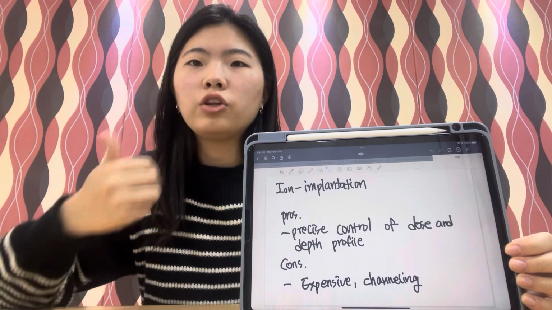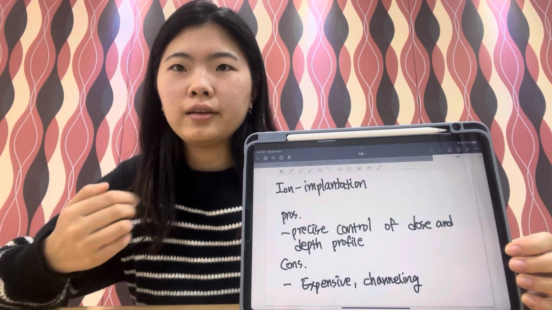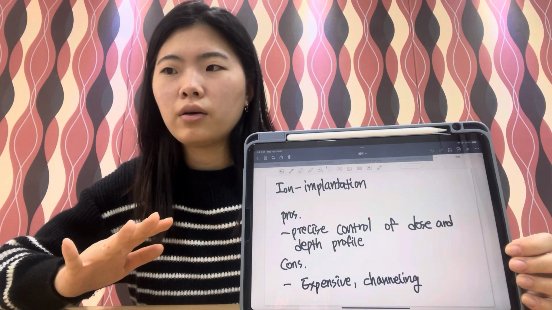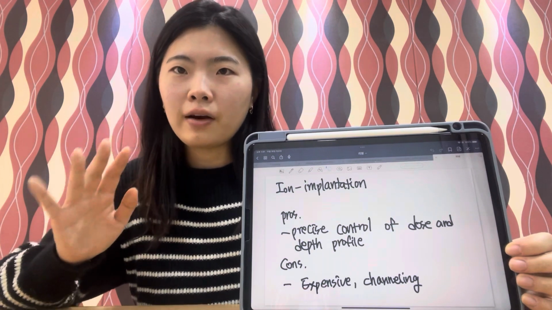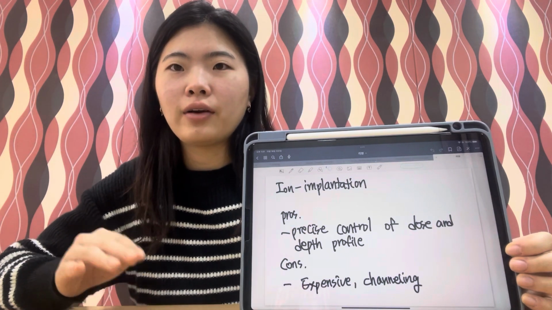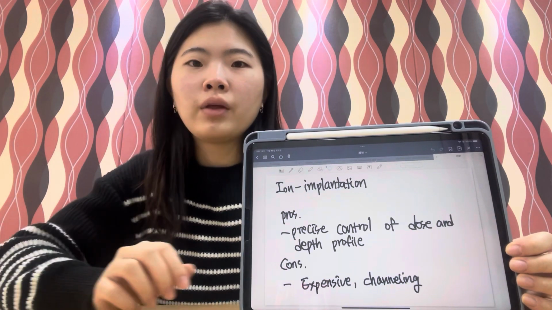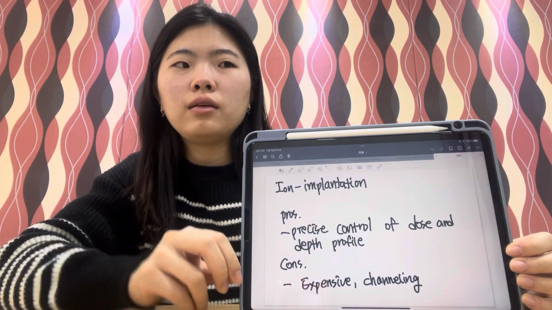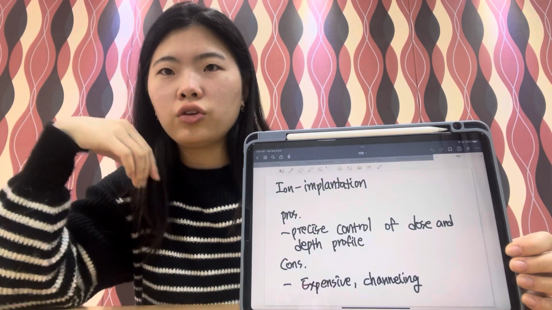So these are the positive things of ion implantation, and it also has negative problems. We should use plasma in this process, so plasma is very important to use. This ion implanter is a very expensive machine, and it also uses very high energy to dope.